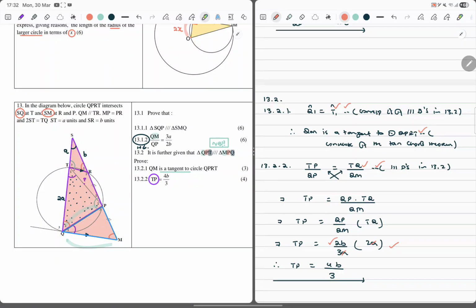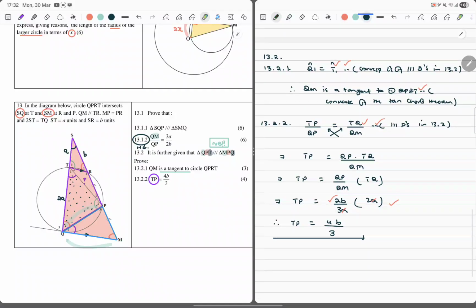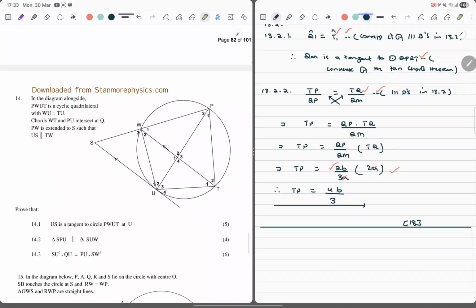At the end of the day, the work is done. Easy 4 marks. We move on. So how many marks was this? This is 10, 16, 18. Wait. Yeah. 18. So this is typical of those end game type of questions. I hope you guys were able to follow, and let's move on without wasting time.